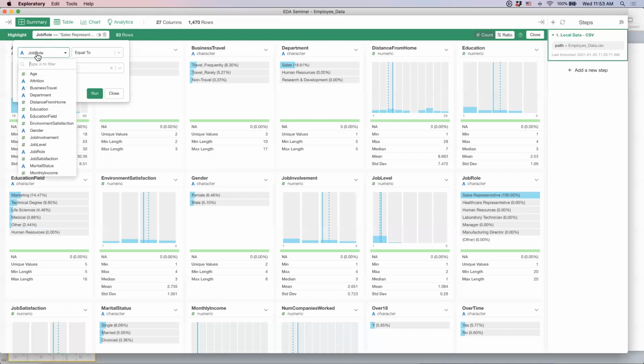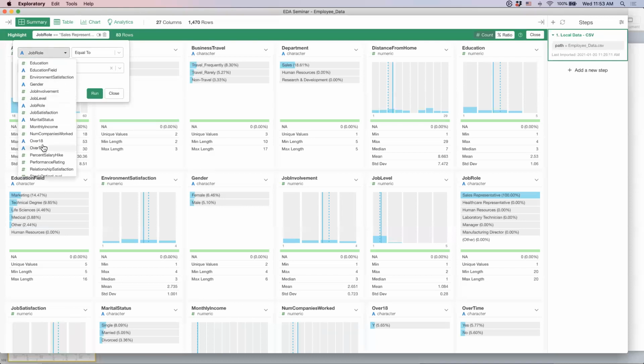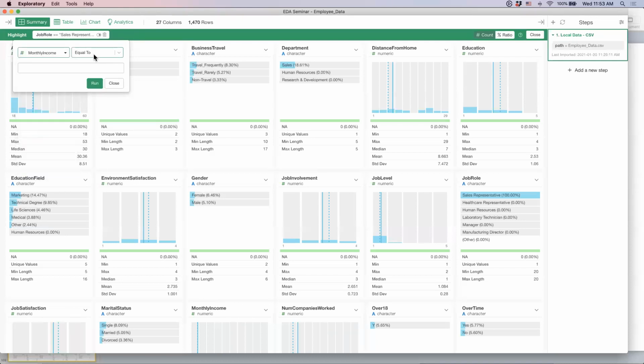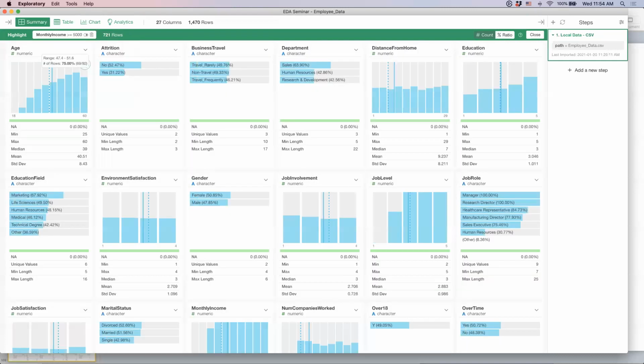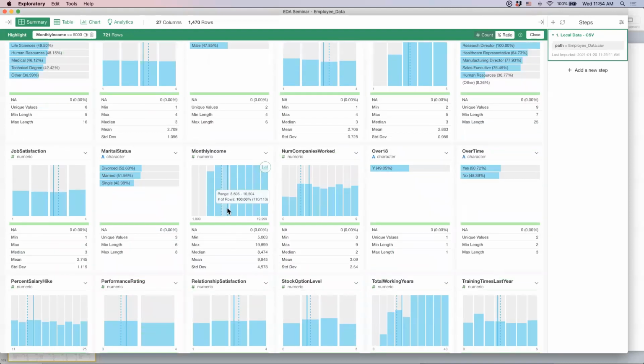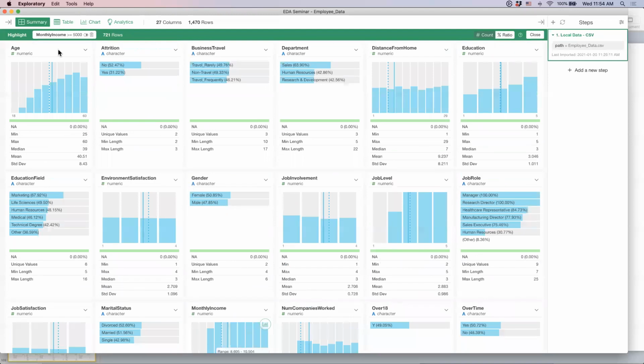Then we can change it. For example, instead of job role, I'm going to use monthly income, and instead of equal, let's say greater than, maybe 5,000. I think the average was around 5,000, so I'm going to start with that. Okay, and monthly income of 5,000. Maybe I should just make it 10,000 or something.